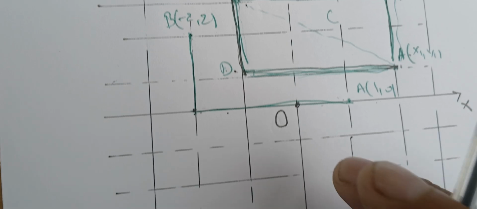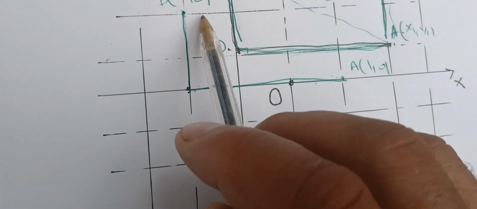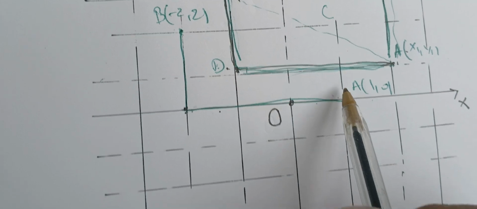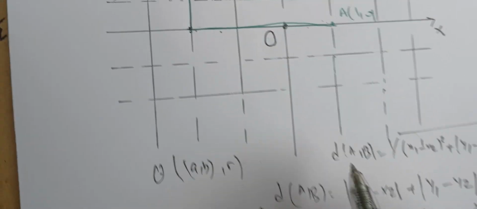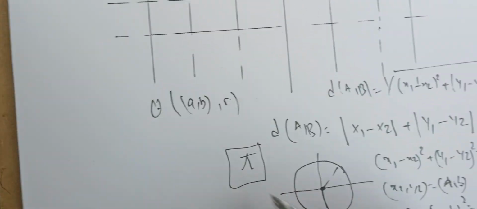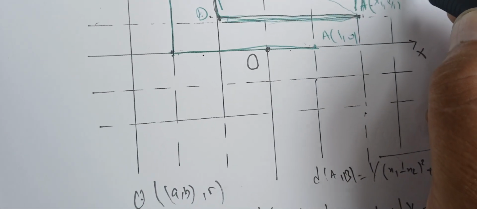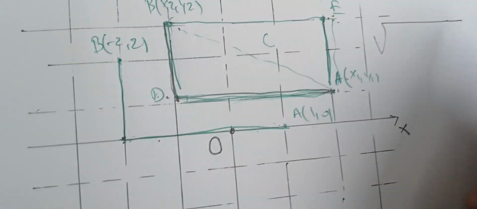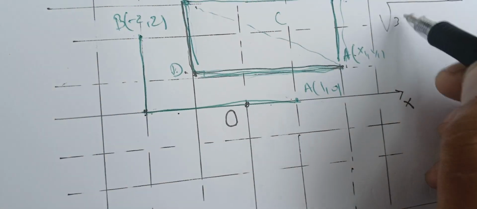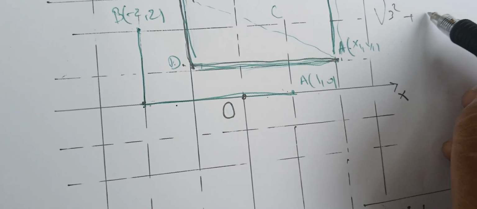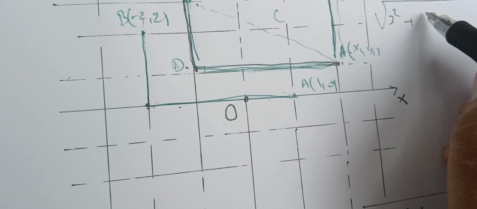Next, we can see that the Euclidean distance is different. If we compare the Euclidean with the Taxicab, the Euclidean is going to give us the square root of (1 minus -2) squared, which is 3 squared, plus (0 minus 2) squared, which is 2 squared, that is 4.